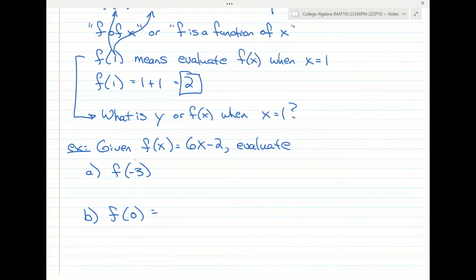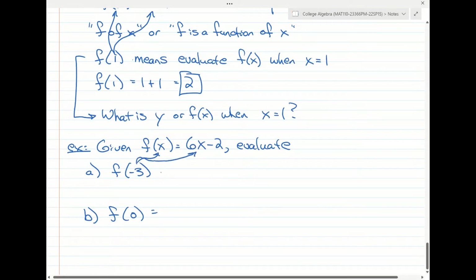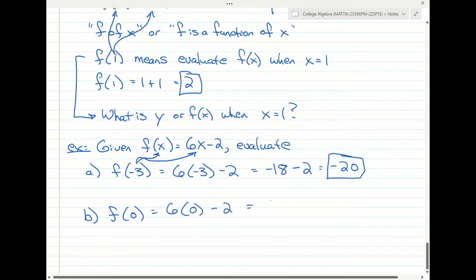All right, so f of negative 3 just means we put negative 3 in for the x's. Six times negative 3 is just negative 18. Negative 18 minus 2 is negative 20. That would be what the final answer is. F of 0 just means we put 0 in for the x. 6 times 0 is 0. Minus the 2 is negative 2.